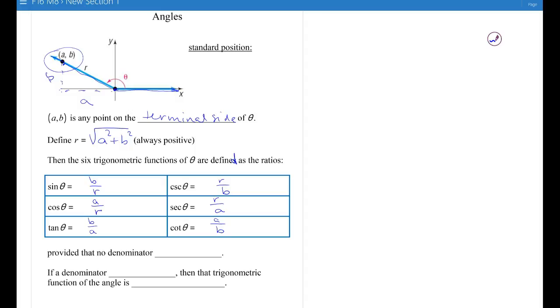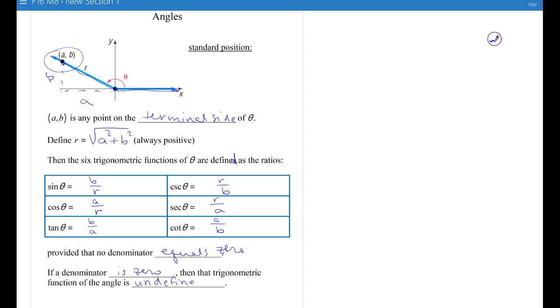Provided that, this is really, really important, no denominator equals 0. So the r will never be 0, the distance from the center, but you can see that the a or the b could be 0 depending on where the point is. So if a denominator is 0, then that trigonometric function of the angle is undefined.